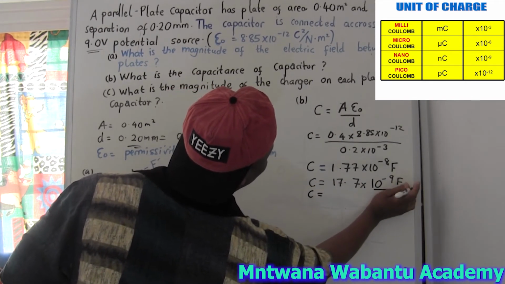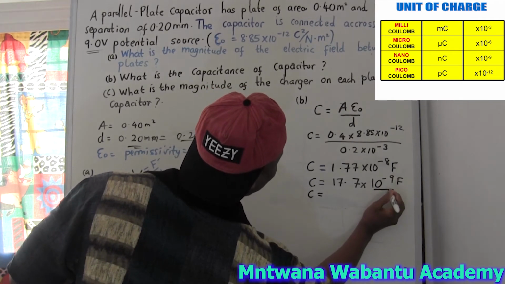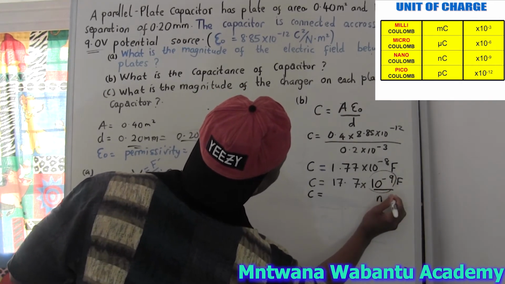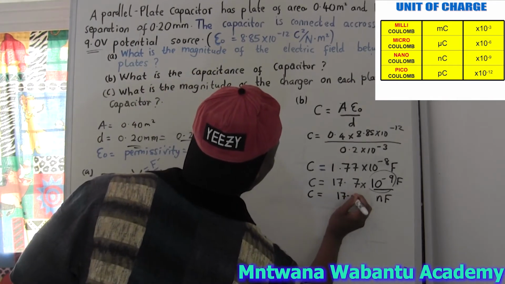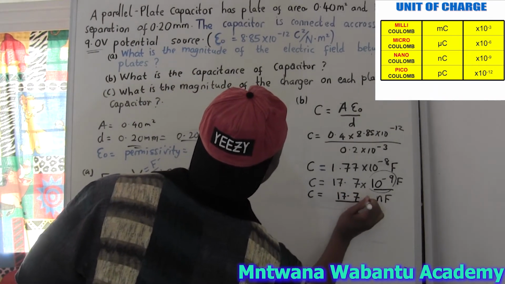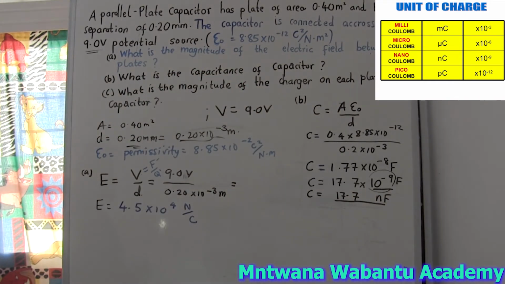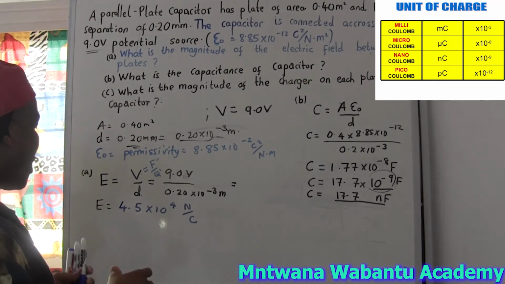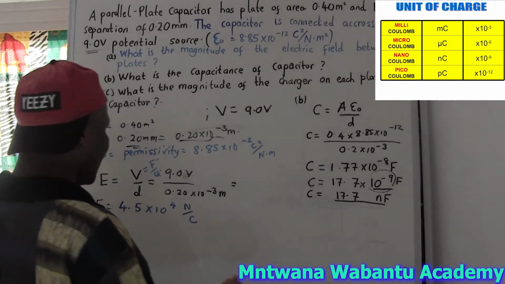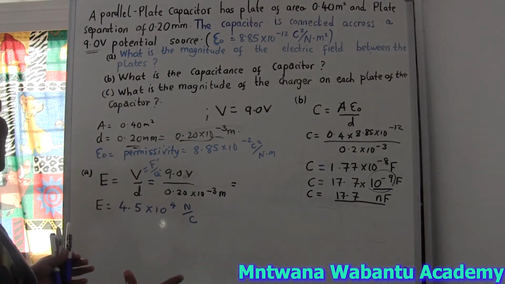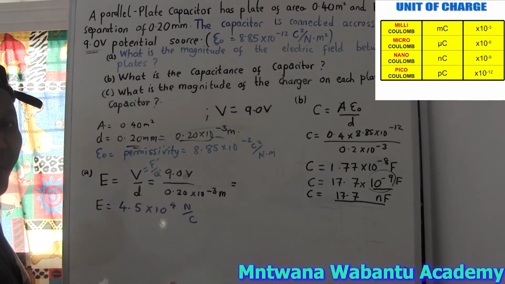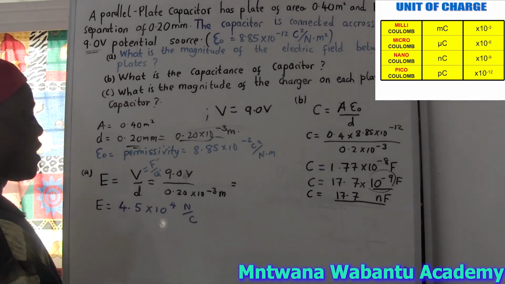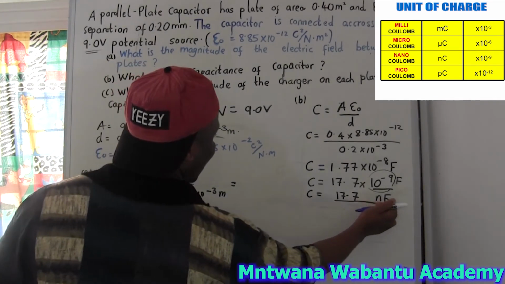Remember, still farads. For the people who don't know how to change these things, nanofarad to farad and so on, I'm going to write it up after we finish, so I can have space to show how to change between farad, nanocoulomb, microcoulomb, etc.